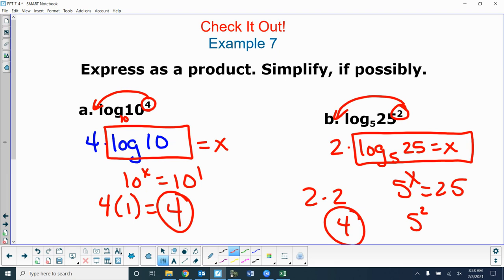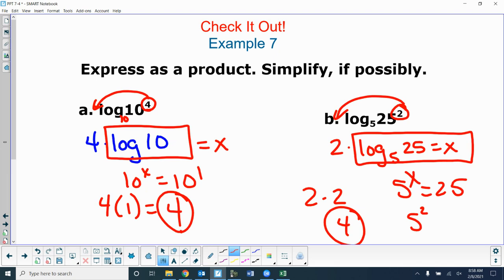We just don't write it when it's a base 10. Those are the same, right? The base of the log and the base of this exponent 4 were the same. They can cancel, and the answer is whatever that exponent is. Okay, so if we would have known that rule, we could have just said 4 right away.